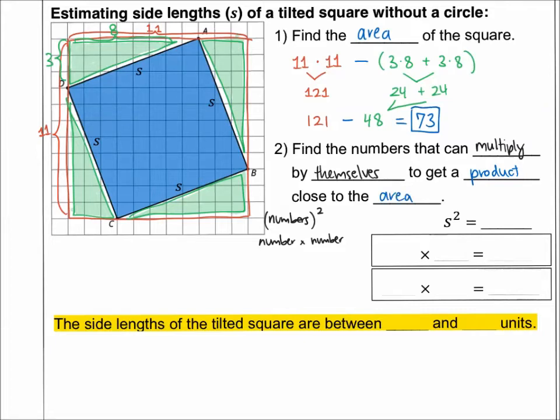So in our example here, we're looking for what side length s can give us an area of 73 when they are multiplied by themselves. What s times s would give us 73?